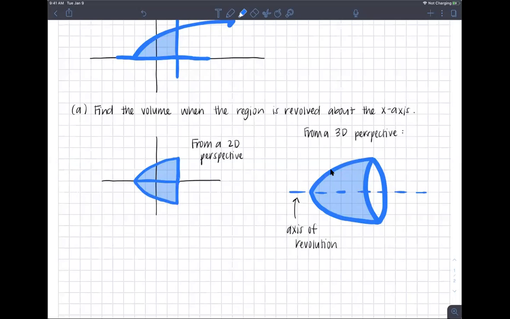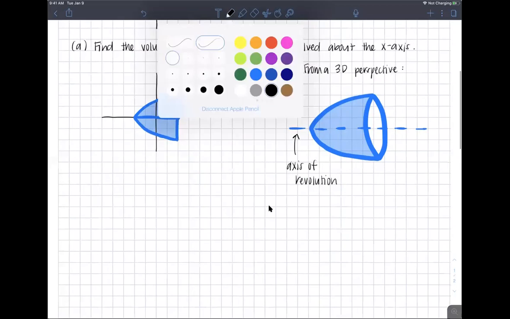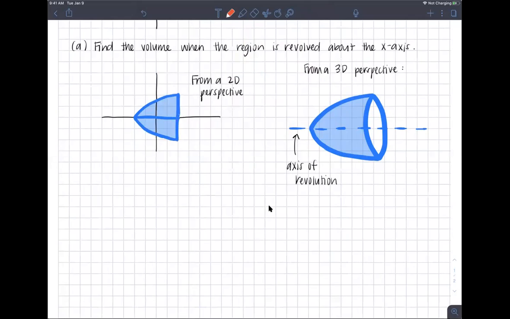Anyway, so the way we're going to do this is we are going to use these things called cross sections. So if you remember back to the video that I was showing, they sliced into the whole piece.